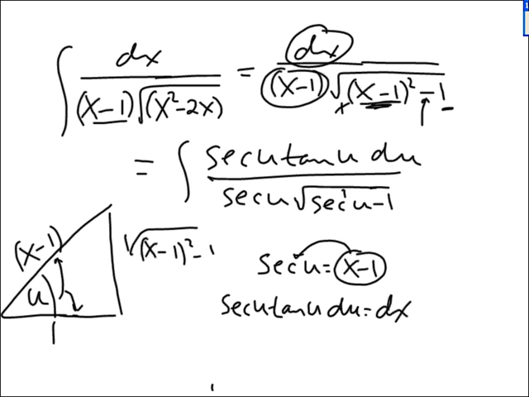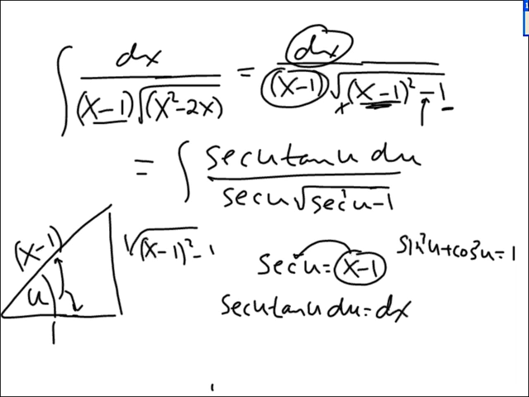Well, let's look at this. If you have sine squared u plus cosine squared u equals 1, and you divide both sides by cosine squared u, let's write that down again, please. Sine squared u plus cosine squared u is 1.